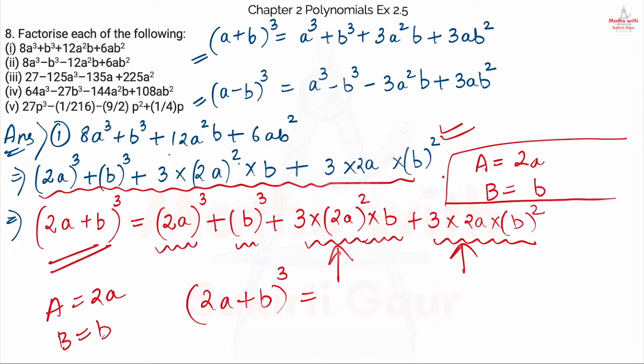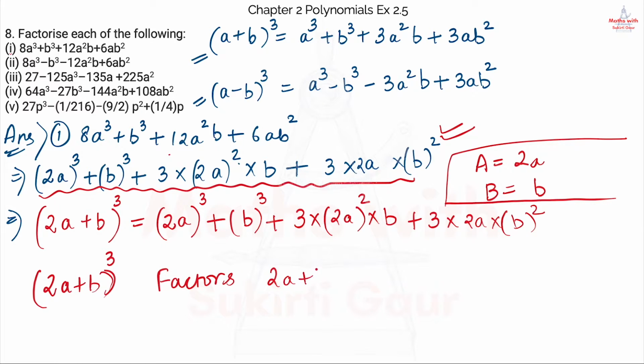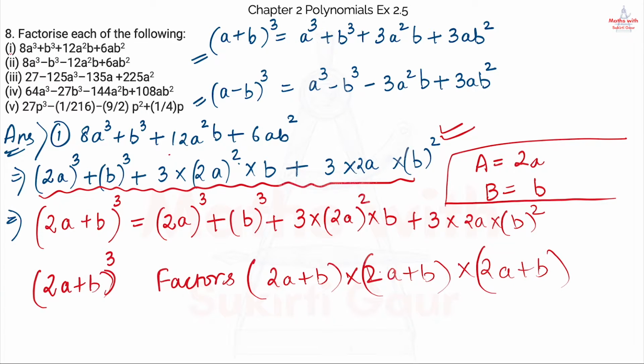Our factors would be (2a plus b) into (2a plus b) into (2a plus b). These are the factors of the first part.